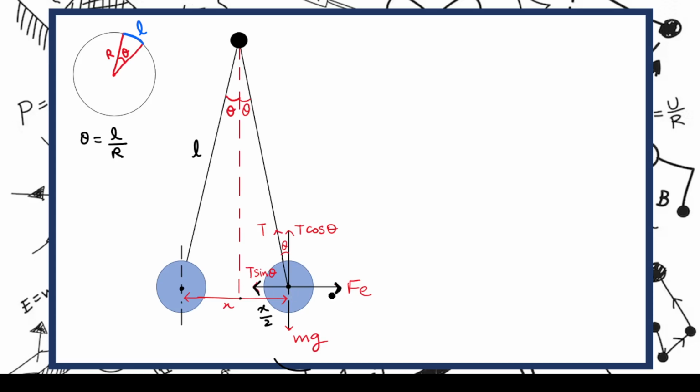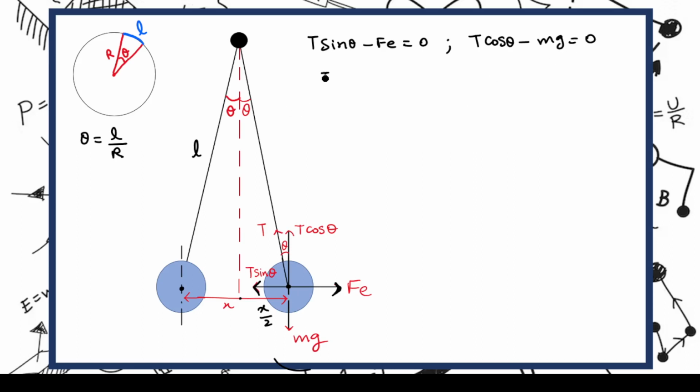Now we can calculate forces on two axes, x-axis and y-axis. The forces along the x-axis are T sin theta minus Fe equal to 0, and the forces on the y-axis are T cos theta minus mg equal to 0.